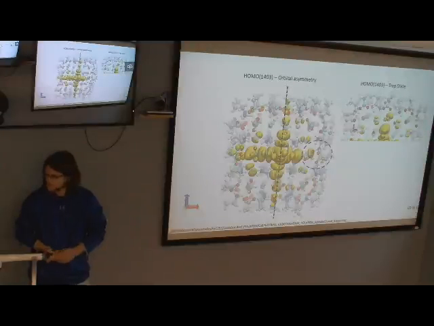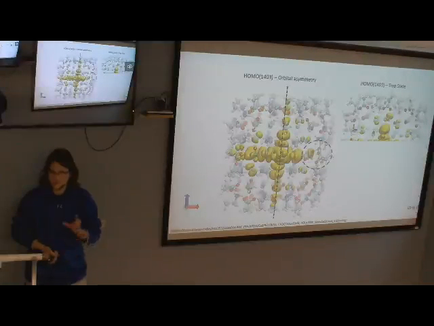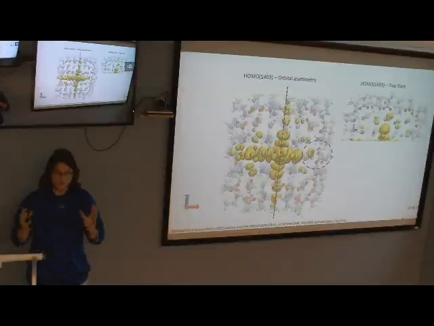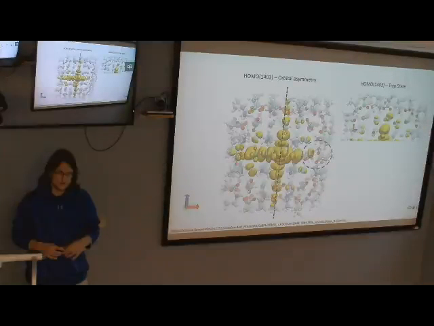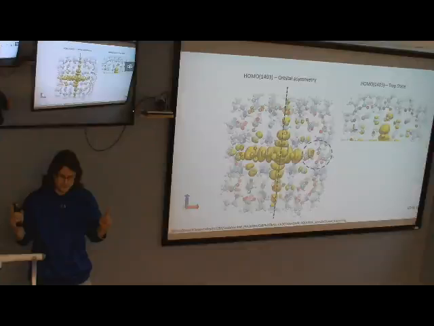Yeah, for a polaron there should be a critical size of your dot, because another way to describe polarons is that it traps your wave function.